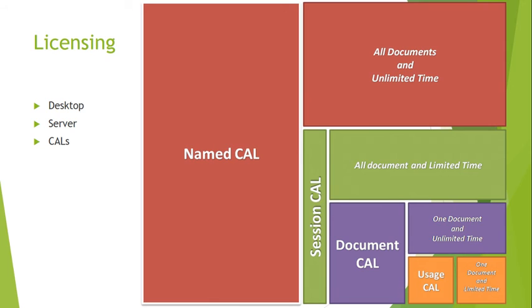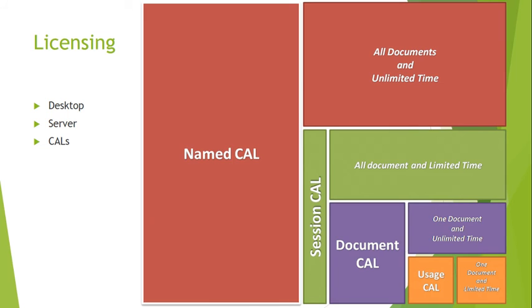The number of cals will depend on your deal with QlikTech. So coming to the cals, the cals are client access licenses. If a user wants to access a dashboard from access point or from Qlikview server, there should be a license available for that accessibility. That will be provisioned through cals.